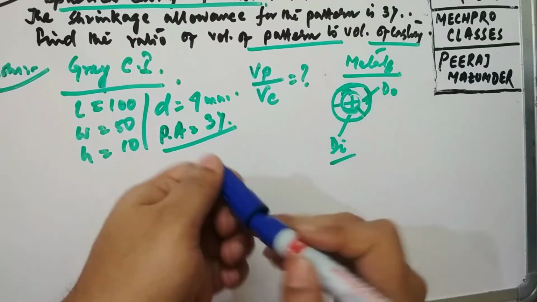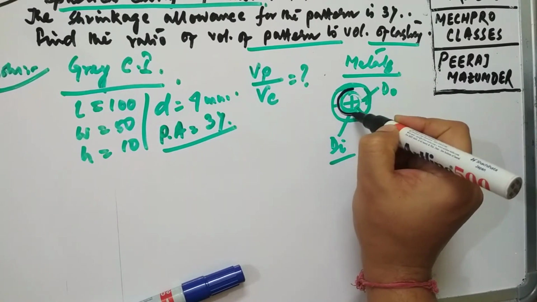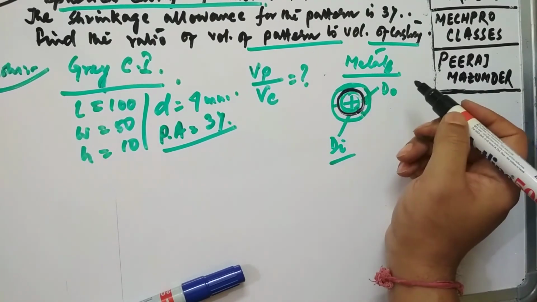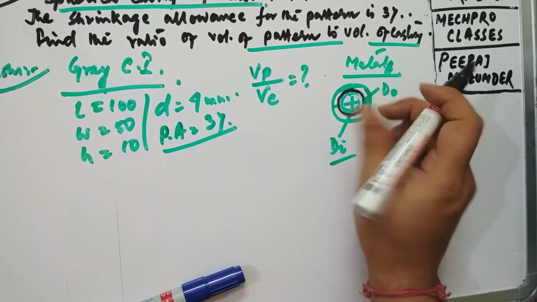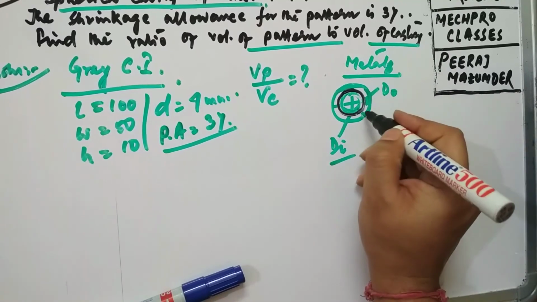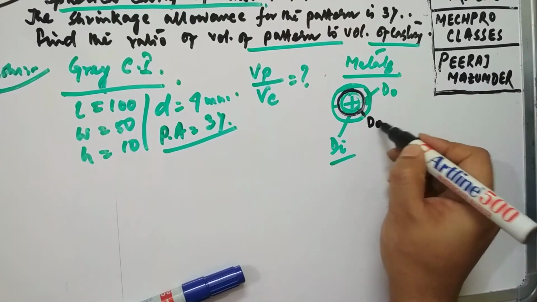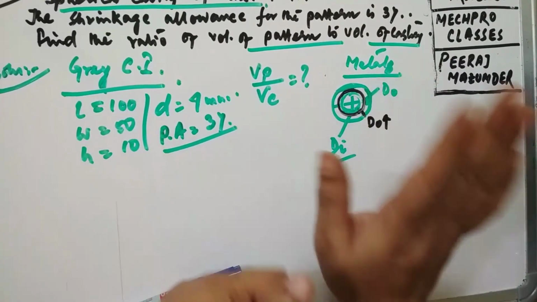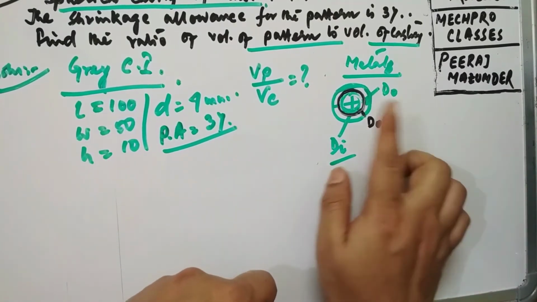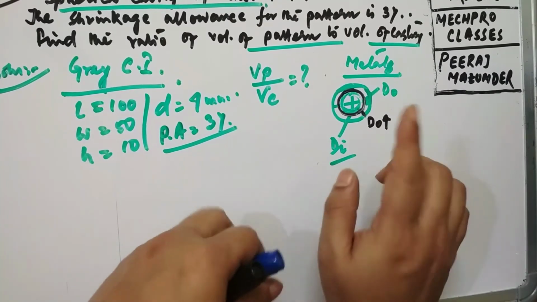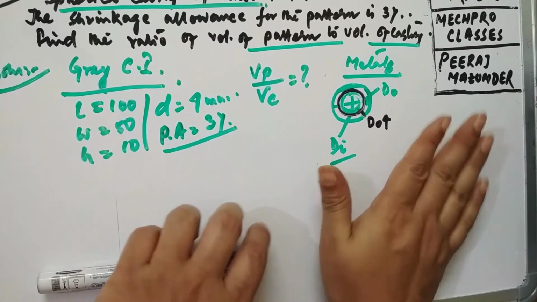When it comes closer, this internal dia or internal hole will increase, because after solidification the thickness shrinks, and so the inner dia, that is the D0, will increase. For normal metals, that is the case. Now for grey cast iron, what will happen? For grey cast iron, just the opposite will happen, you have to remember. Look what will happen.